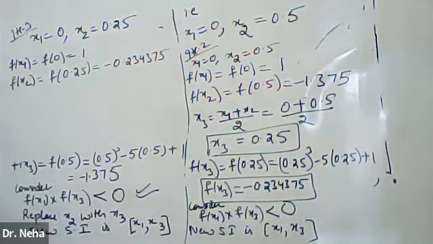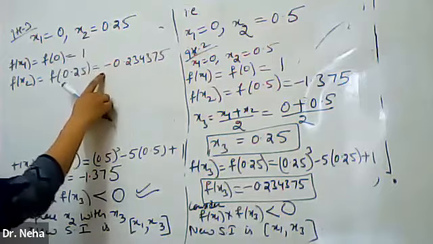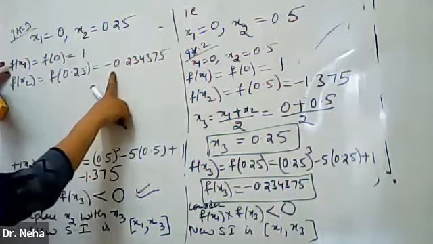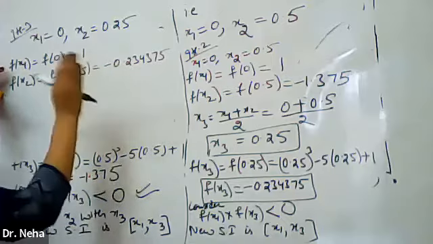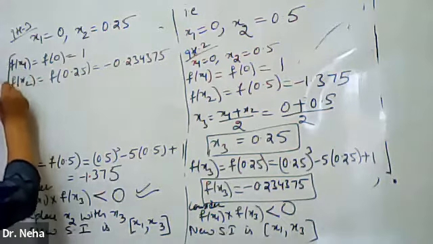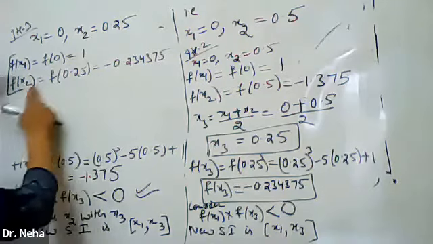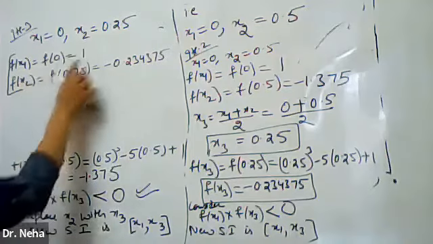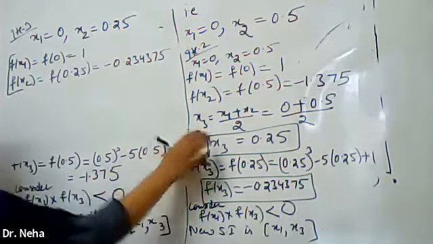Whenever you start any iteration, you need to verify that one value should be positive, another should be negative. It is not always true that f(x1) will be positive and f(x2) will be negative. Clear? It may be that f(x1) is negative and f(x2) is positive. At the start of every iteration, when you write these starting values, please make sure that one value of the function is positive and the other is negative, rather, the values of the function are of opposite sign. Clear?